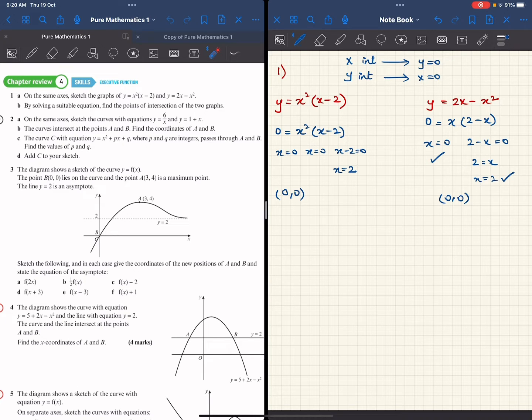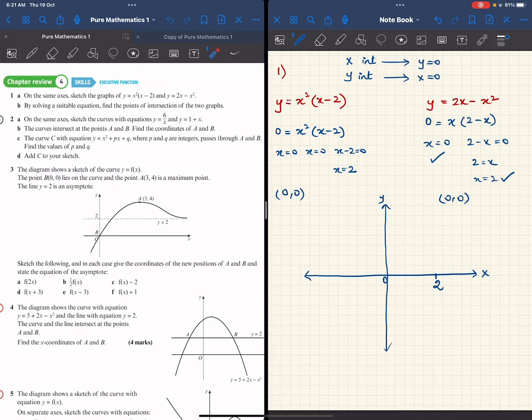So let's start by drawing our axes. This is our x-axis and this is our y-axis. We'll start by sketching the quadratic curve. This is our origin (0, 0), and say for example this is 2.